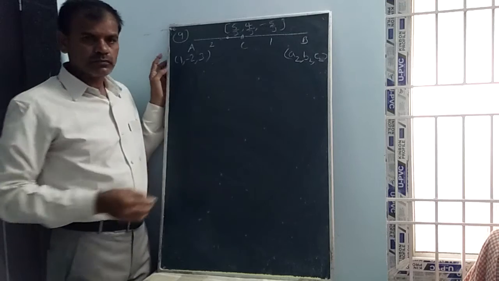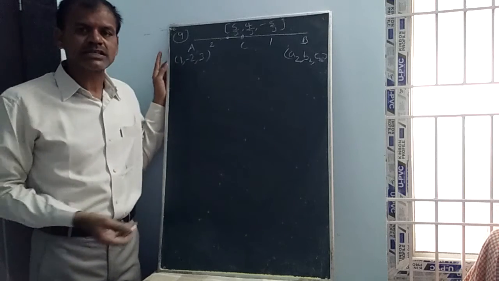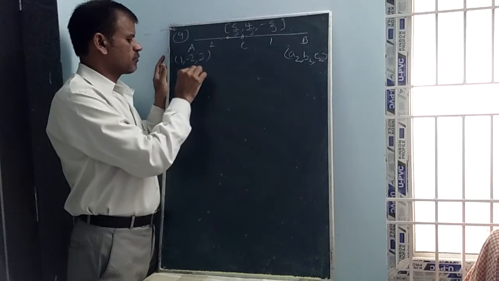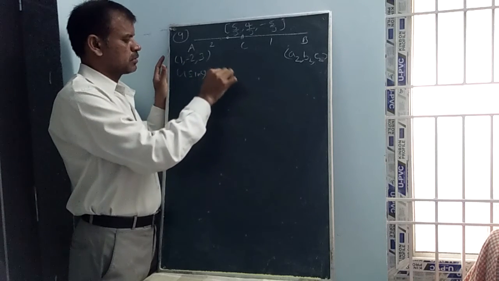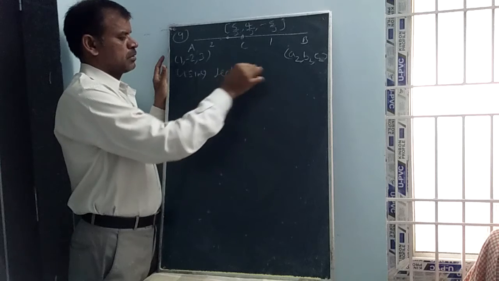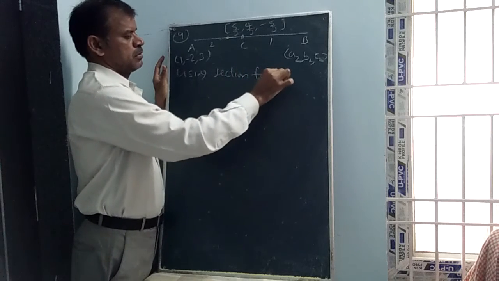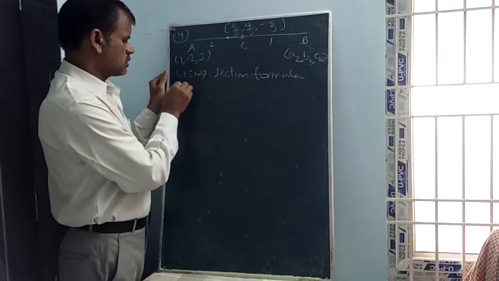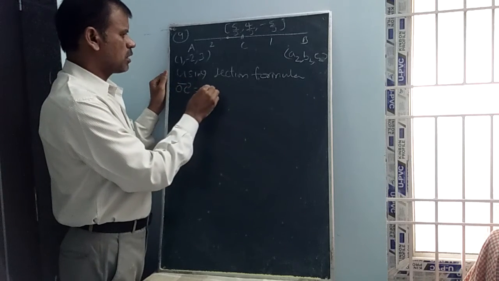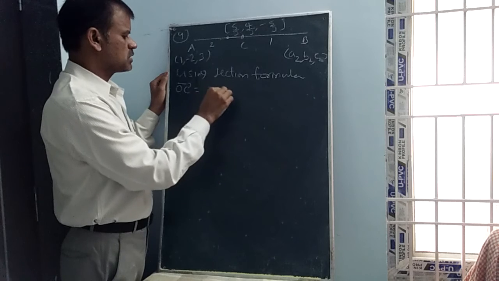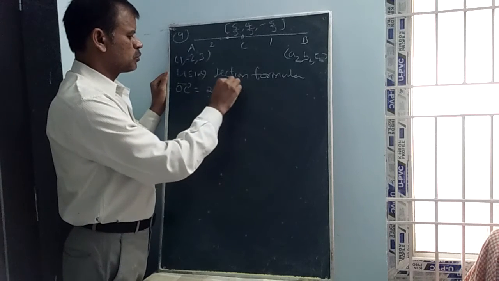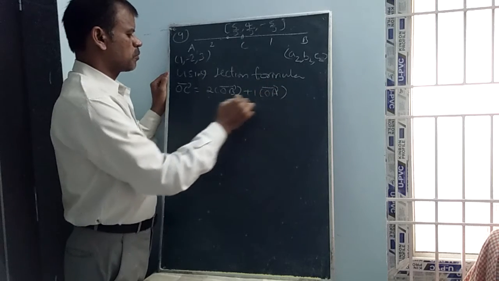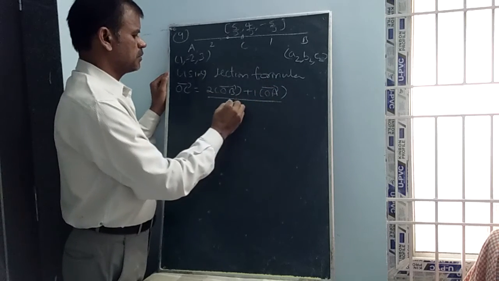Now, using the section formula, OC is equal to m b bar plus n a bar by m plus n. So 2 into OB plus 1 into OA whole by 2 plus 1.